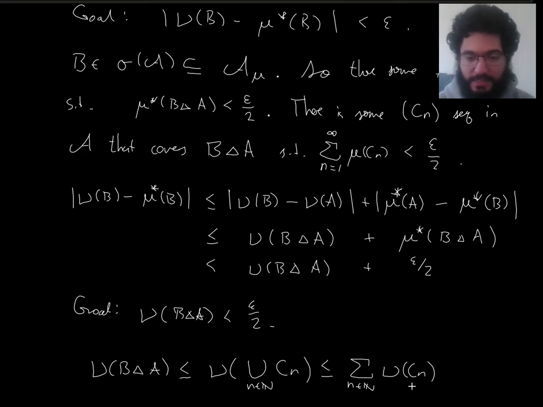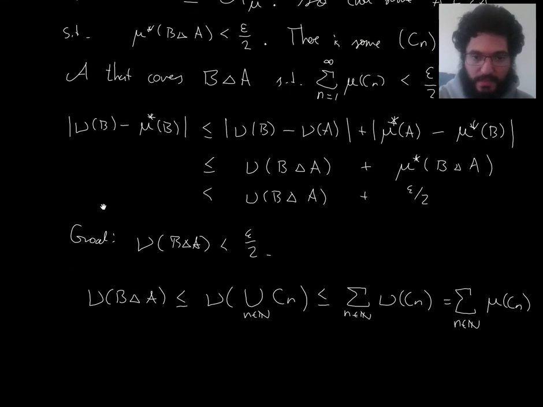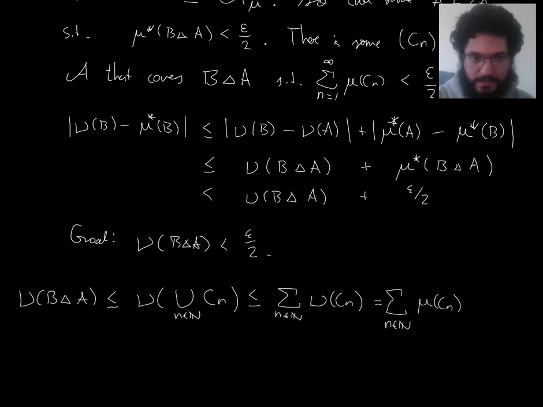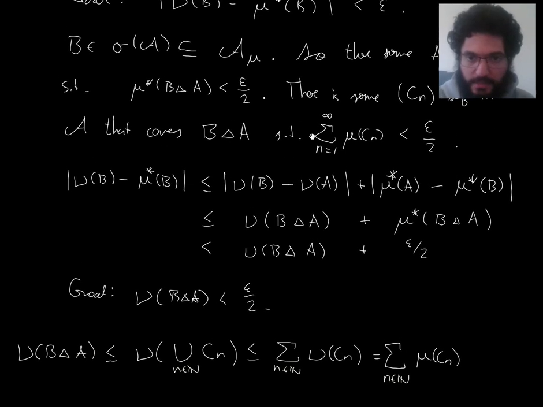And now, just as planned, we've actually reduced things down to nu being applied to things in the algebra of sets, which is where we know how nu behaves. It's mu. And I think it's up here.